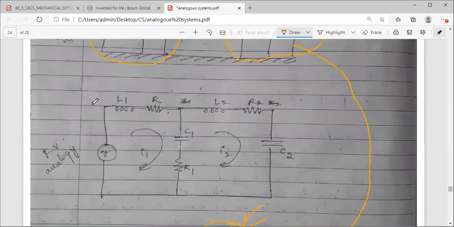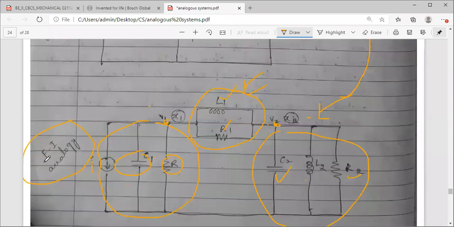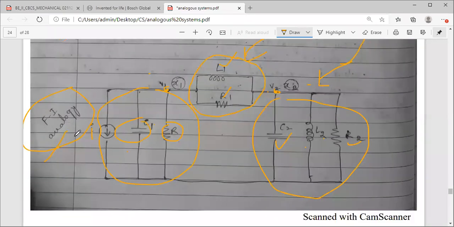So if you are able to draw the equivalent mechanical network for the given system, you can directly draw the force current analogy. In the force current analogy, we come across Kirchhoff's nodal analysis. Kirchhoff's current law holds good.